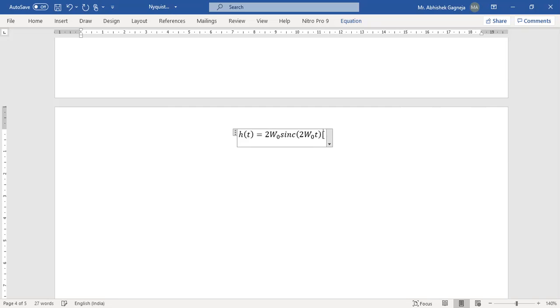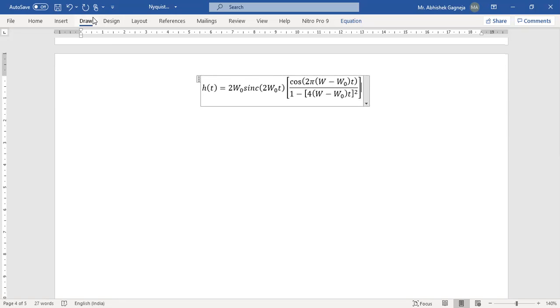You have this, and then you have a cosine structure divided by. This is your formulation.